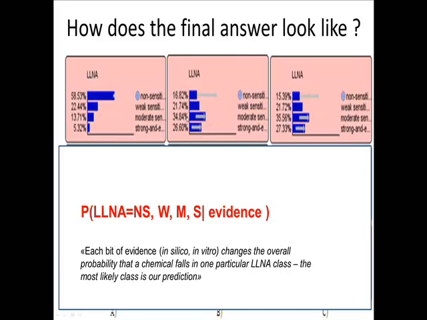Now, in this case, you may have a test showing it's reactive, and suddenly our probability distribution might go to a most likely moderate sensitizer. So actually, mathematically speaking, our probability distribution for the 4 classes is dependent on the evidence we have at the current stage. So each bit of evidence will change the overall probability distribution and the probability that the chemical falls in one particular LNA class.